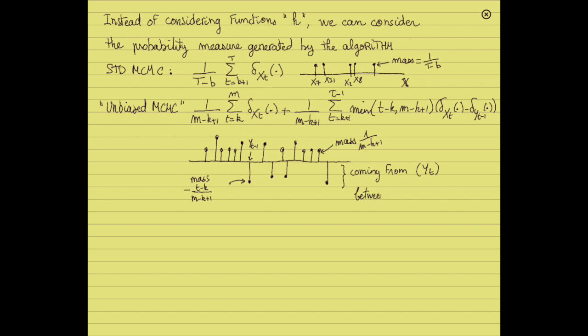So there's a positive part and a negative part. And of course, if the meeting time is small compared to k, then we might have no negative atoms. But in general, we might have some negative atoms. It depends. It's a random number of negative atoms every time we run the coupled chains.